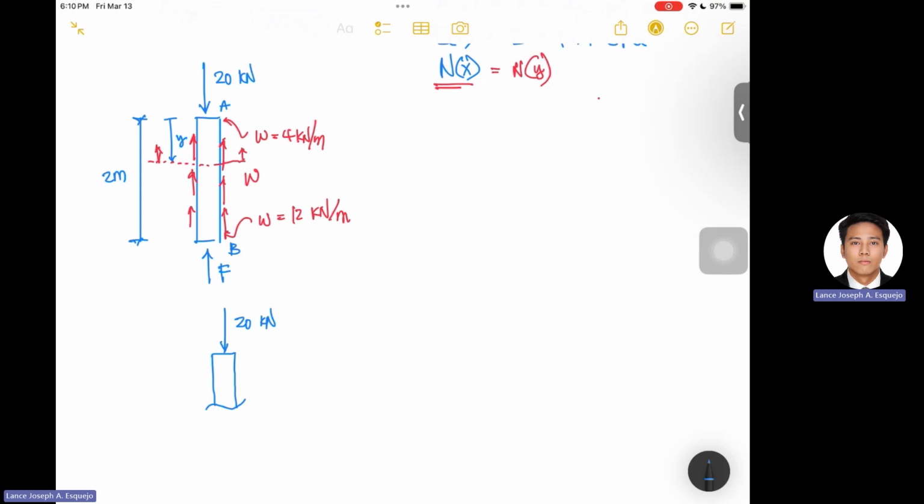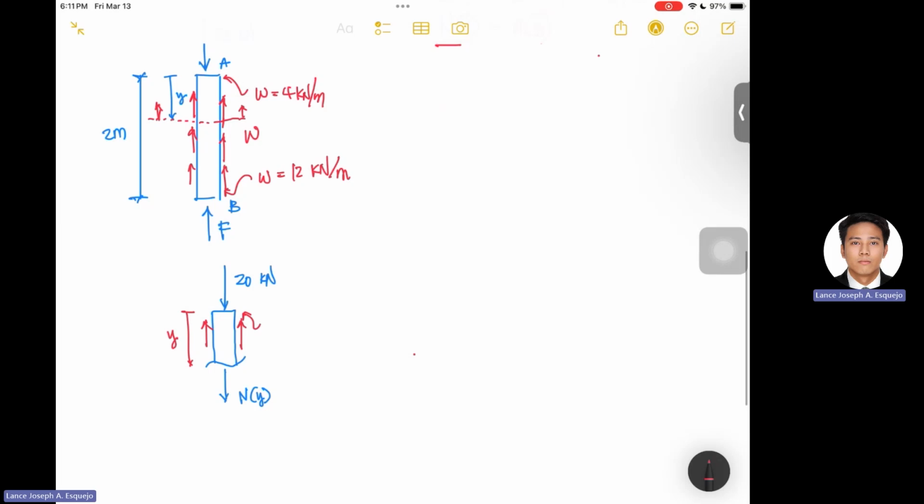So we have this normal force as a function of Y, and then our frictional resistance. And this frictional resistance, we need to determine in terms of Y value also. So again, here, W is 4 kilonewtons per meter. So our next step is to determine the value of W as a function of Y.